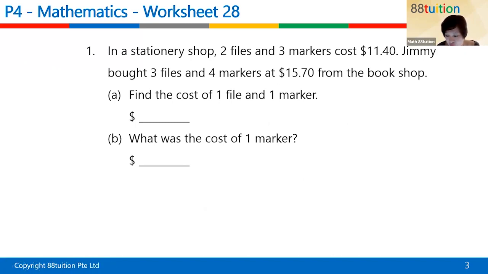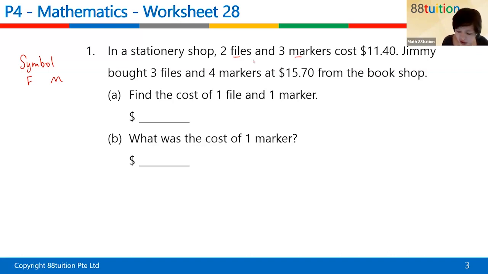For this kind of question, I usually call it the symbol. That means I get something to represent. For example, F and M, I put a symbol F with a symbol M. So let's get started.